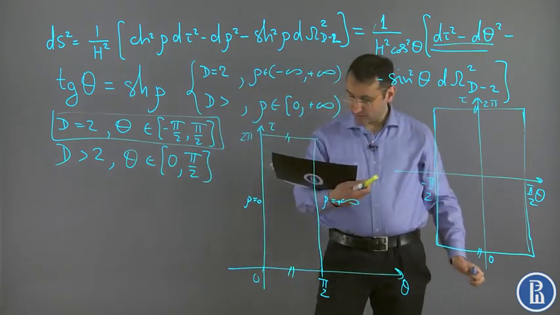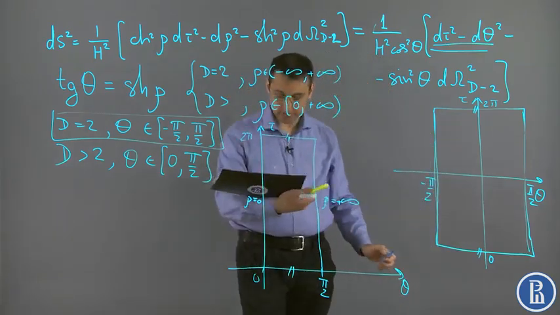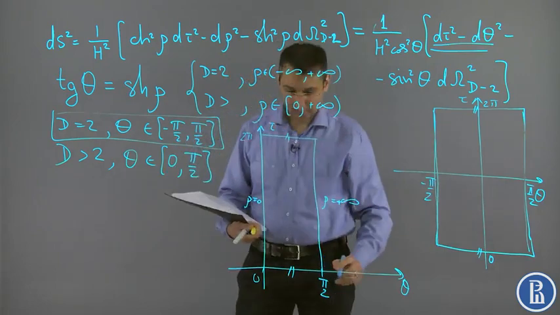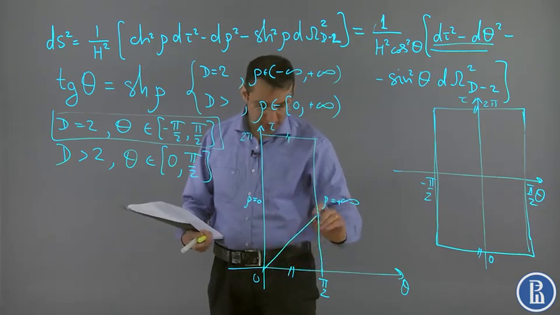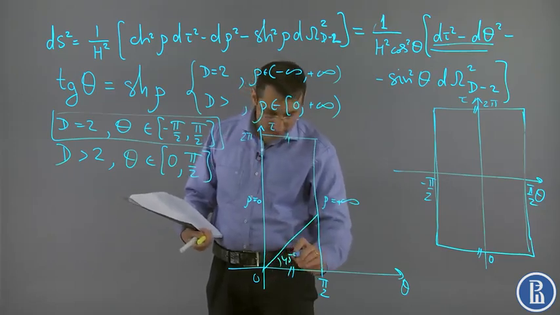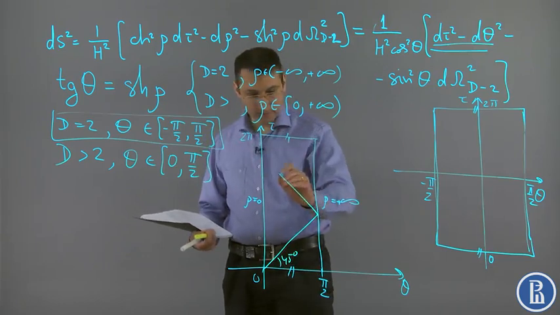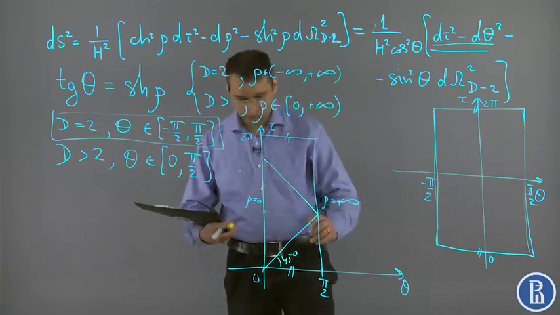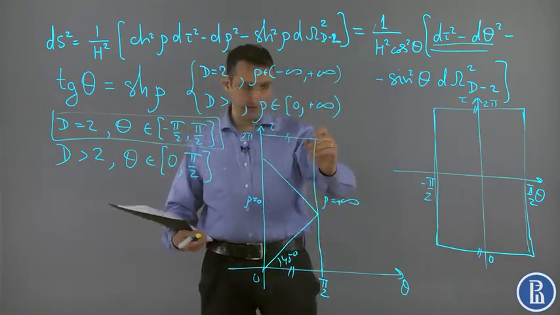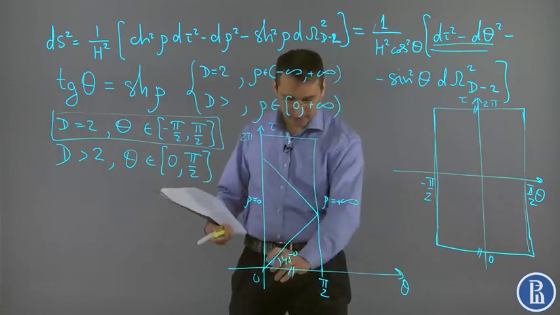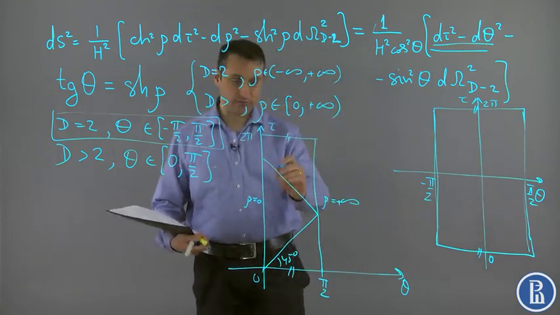And now we encounter a very interesting situation for this case. Notice that light rays again are just straight lines at 45 degrees. This side is 4 times longer than this side, so my picture is not quite appropriate.